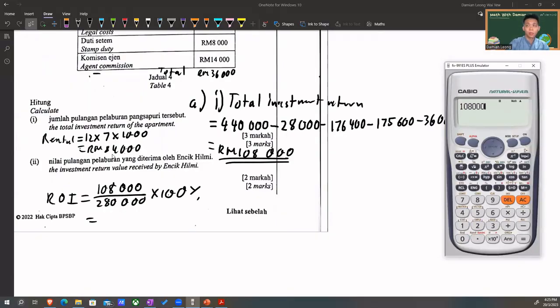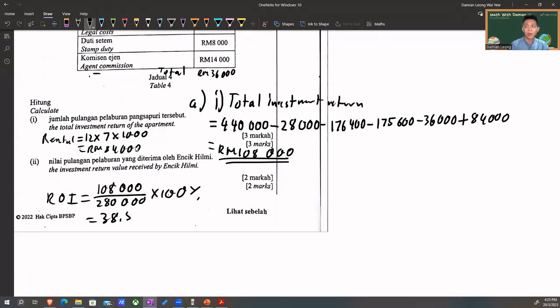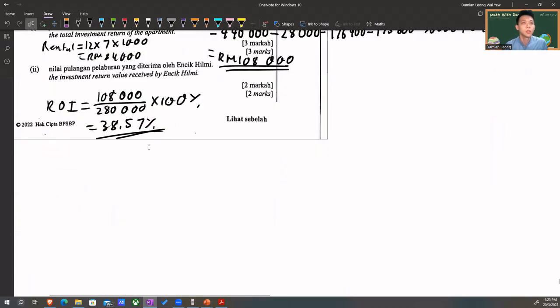So 108,000 over 280,000 times 100%, which I get 38.57%.